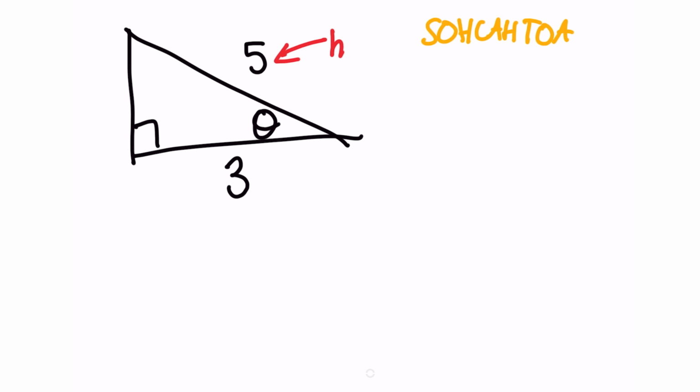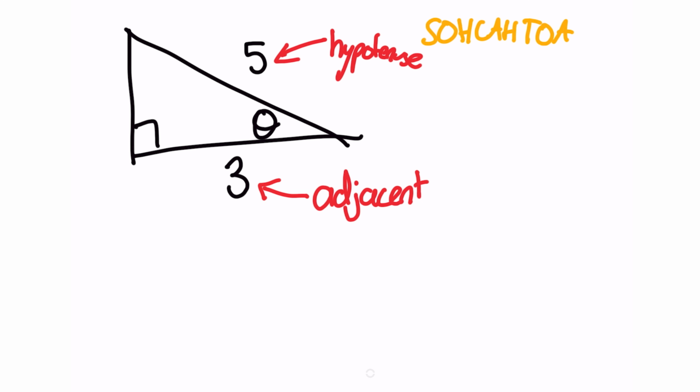This is the hypotenuse. This is our adjacent side. So if it's a hypotenuse and an adjacent, which one of the following SOHCAHTOA is it? It'll be CAH. So that means that cos theta equals adjacent over hypotenuse, which will be 3 over 5.